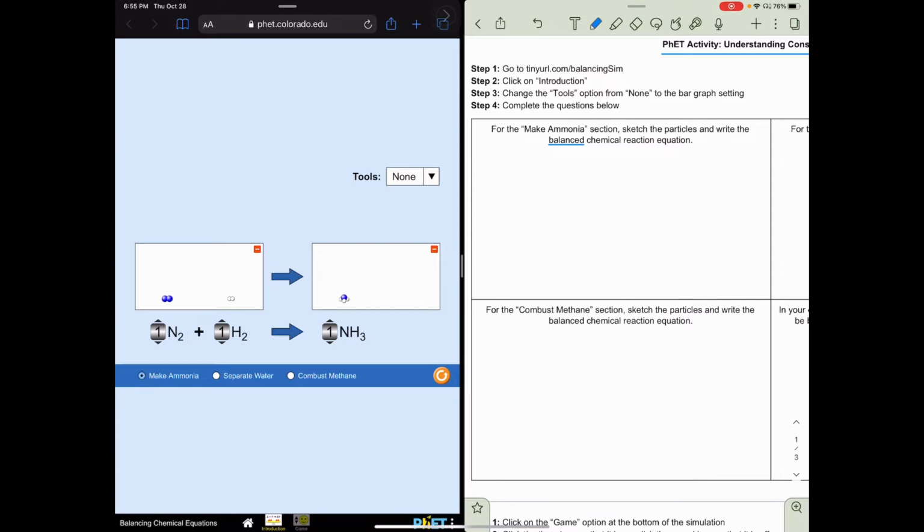So this arrow in the middle is showing that a reaction is happening. So the goal is to have the same number of atoms of each kind on both sides, because just like our conservation of mass concept, you are not going to lose any of those atoms. They don't just disappear or come into existence out of nothing. They are always going to be there, just in different rearrangements.